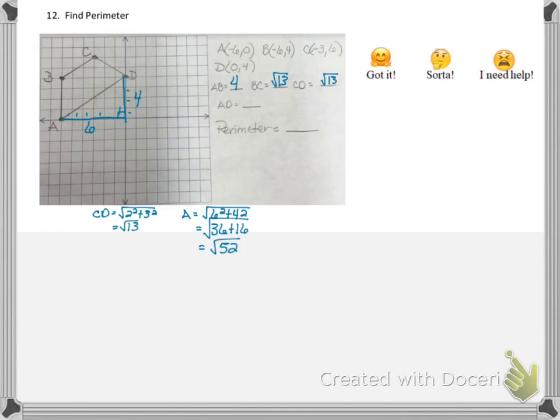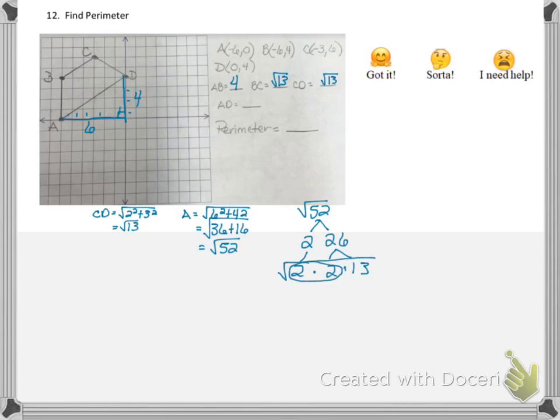You can use the factor tree, where you have the square root of 52. This ends up being 2 times 26. Bring down the 2, and then you have 2 times 13. You know that 2 times 2 times 13 equals 52, but we have to have the square root.